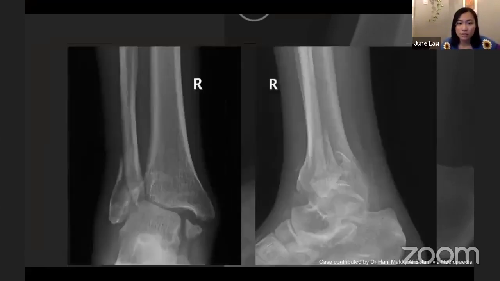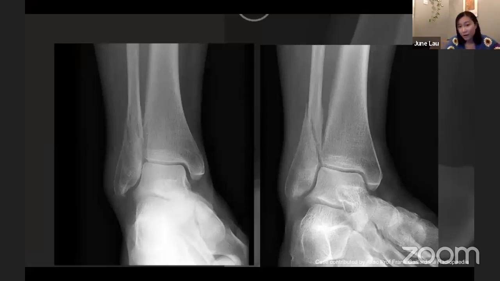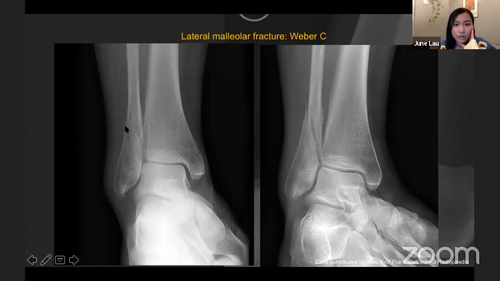So this is the second fracture, which I've got in our answer section, which is a lateral malleolar fracture. It's a spiral fracture. I'm not sure if you can tell, it's kind of coming around like a spiral. And this is a very common method of fracturing your fibula, distal fibula.